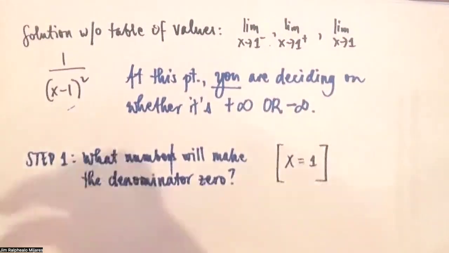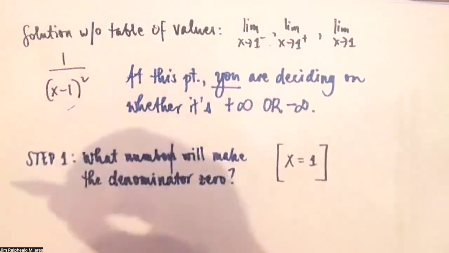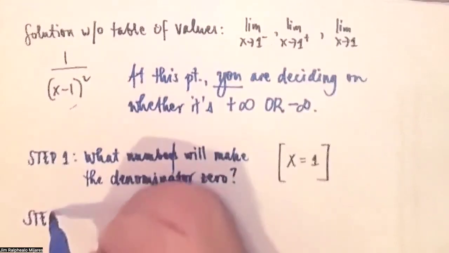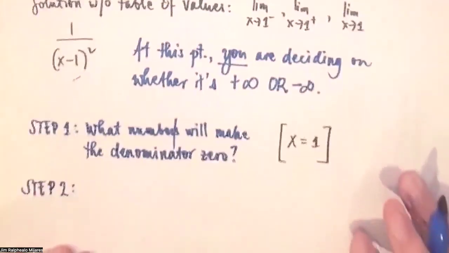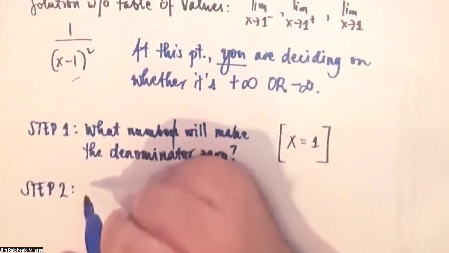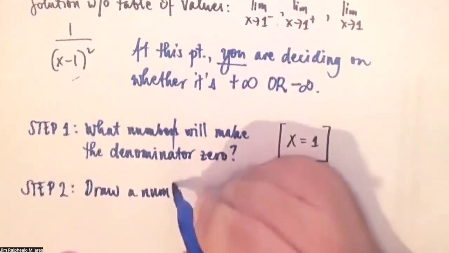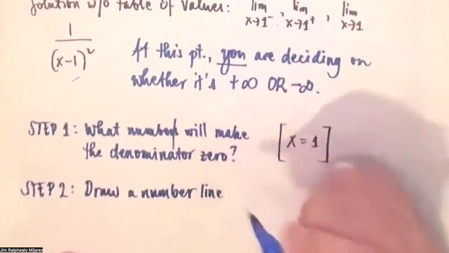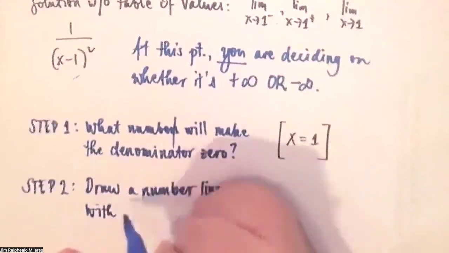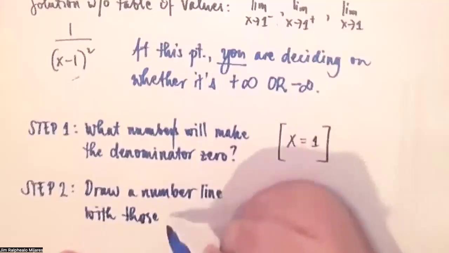Now, step 2 is you now draw a number line with those numbers.